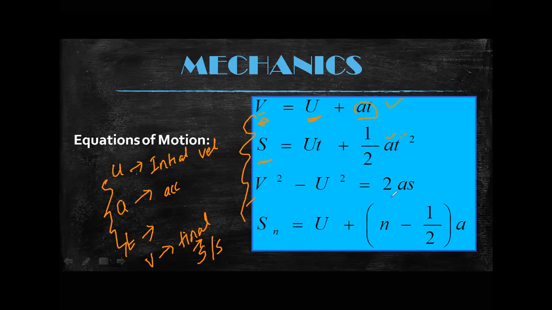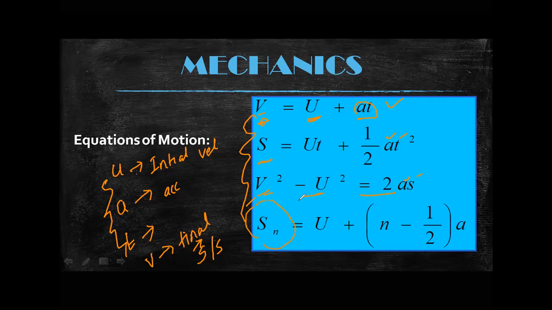If they do not mention the time, and mention only initial and final velocities, acceleration and distance, you have to use this. So among these four parameters, sometimes they give three and ask for the fourth. This is the nth second.